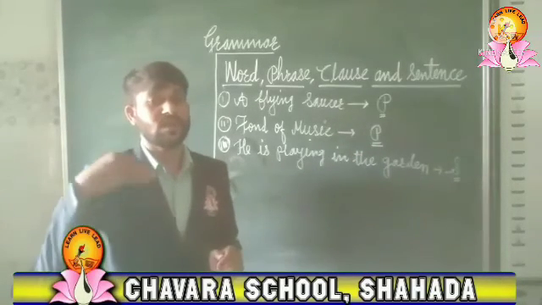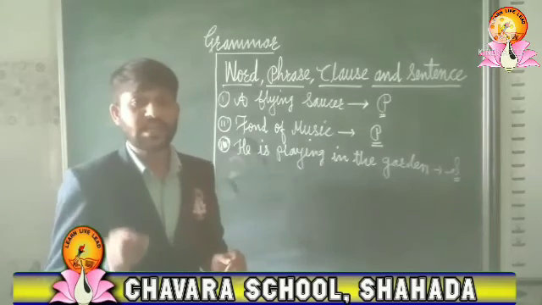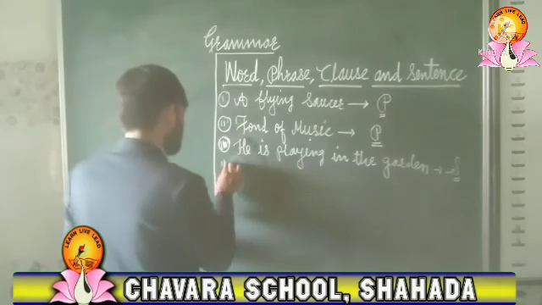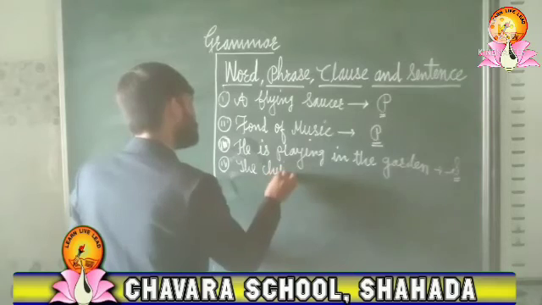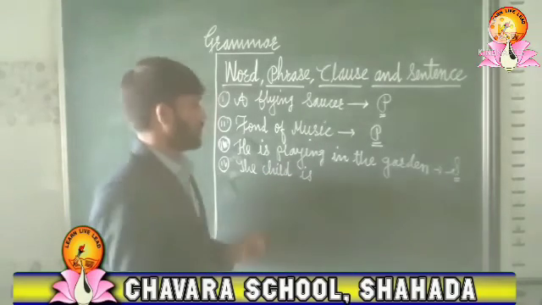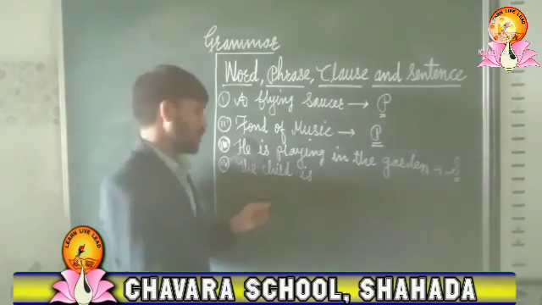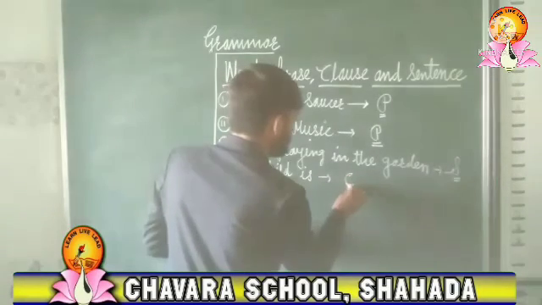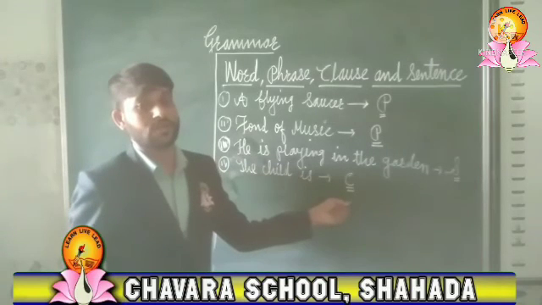Now see the next one, you have to find out: the child is. What can it be? It is a clause. So C for clause.